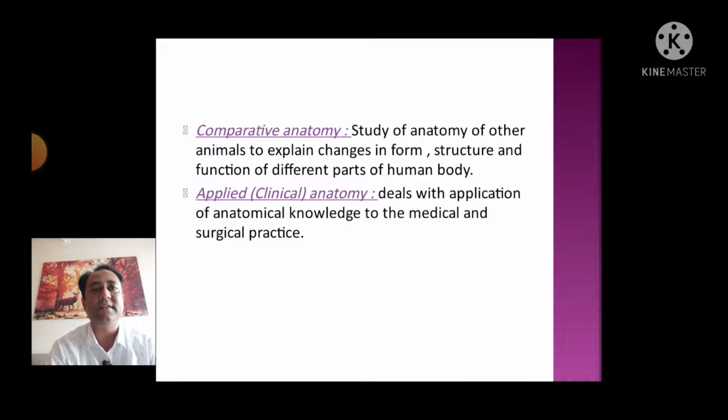The last is applied or clinical anatomy, that deals with the application of anatomical knowledge to medical and surgical practice.